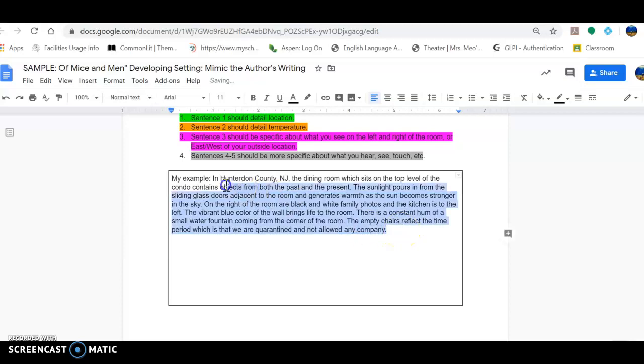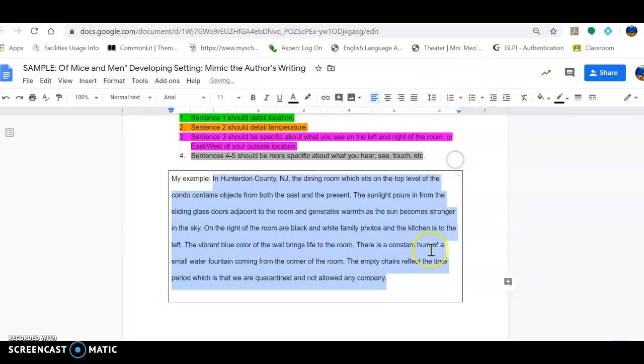So through this description of my dining room, so far you should be able to get the feeling from reading this paragraph that it's a room that I like to be in because it's warm, it has sun spilling in.